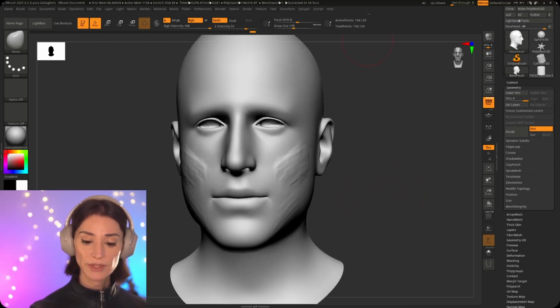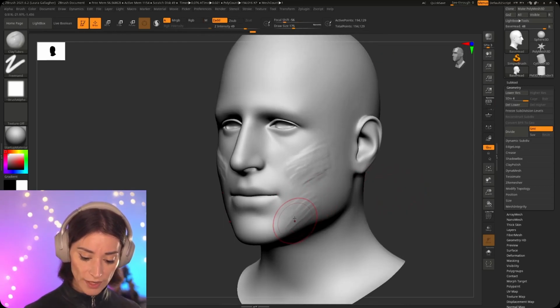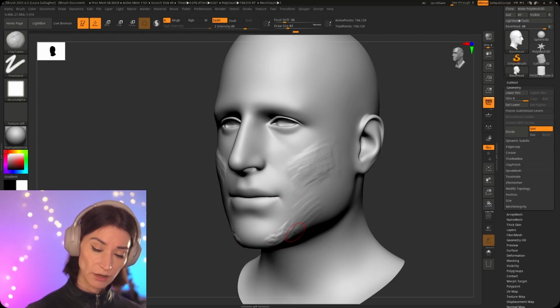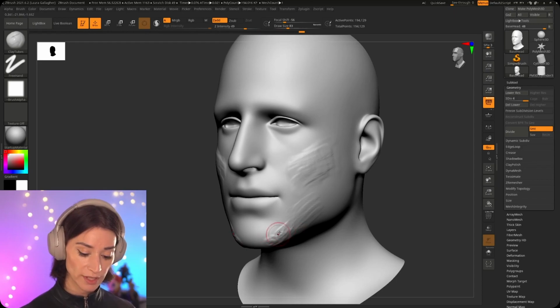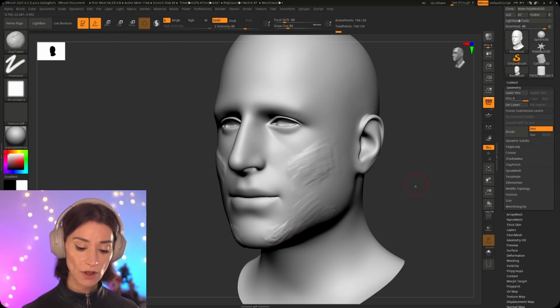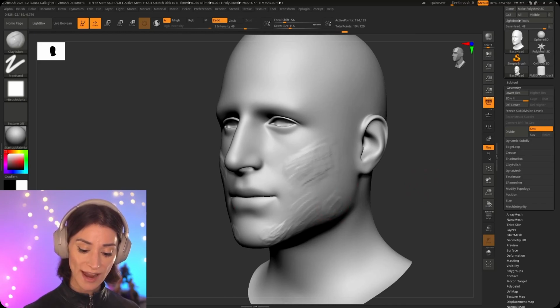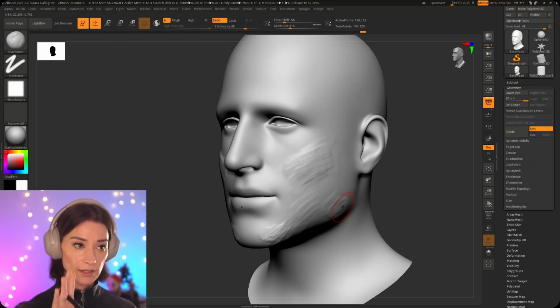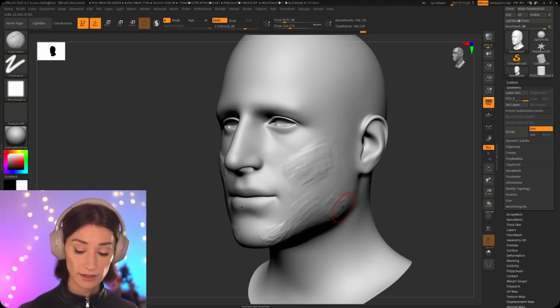So we can already get something here where we would have to crank the Dynamesh resolution pretty high to get something as equivalent in terms of resolution, right? But it's good to know that in subdivision mode, you can go a lot further than that.